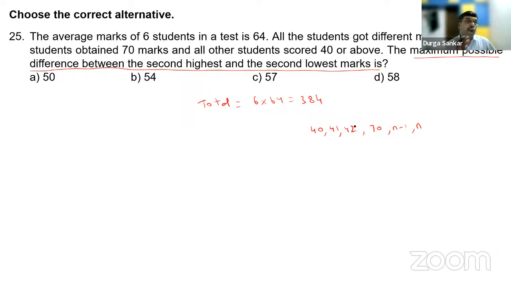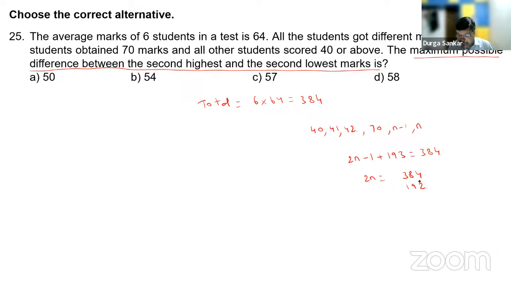Because when I make the score of the third person lowest, I have more marks that can be allotted to the highest ones. Now I add, what do I get here? 2n minus 1 plus, now 40 plus 41 plus 42 is 123, plus 70. So 193 is equal to 384. So 2n is equal to 384 minus 192.